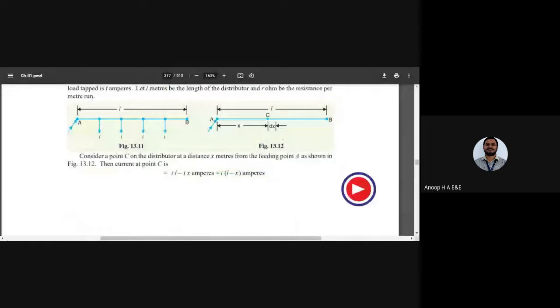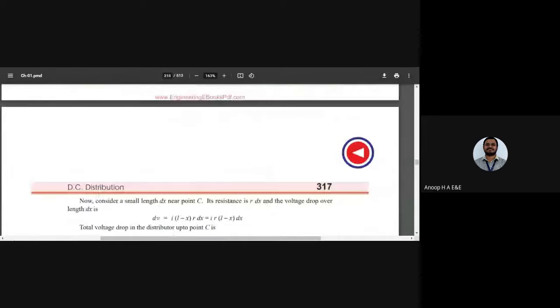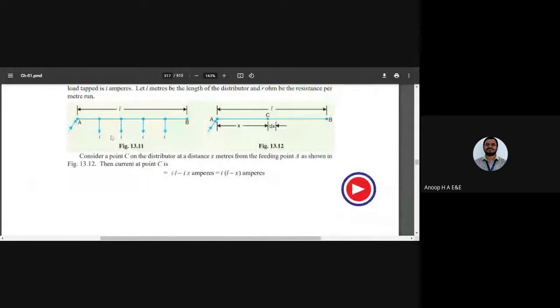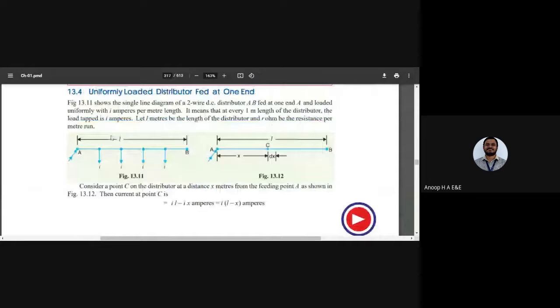You need to have the uniformly distributed line, where the current value per meter length of the line, for every meter of the distributor line length, is said to have equal value of current. That is I amperes of current that is flowing or tapped from the distributor.